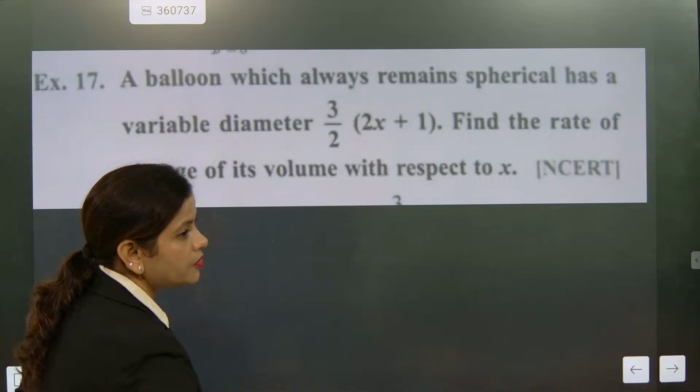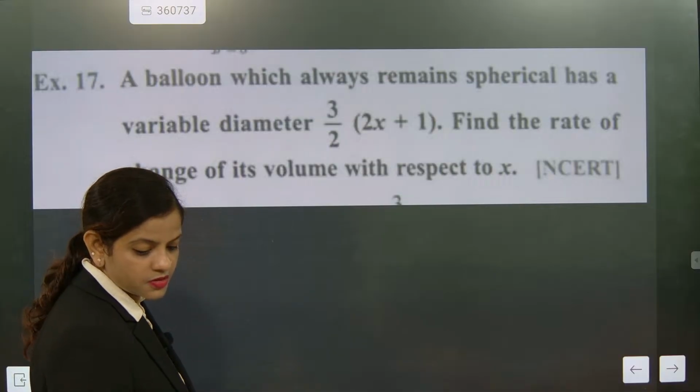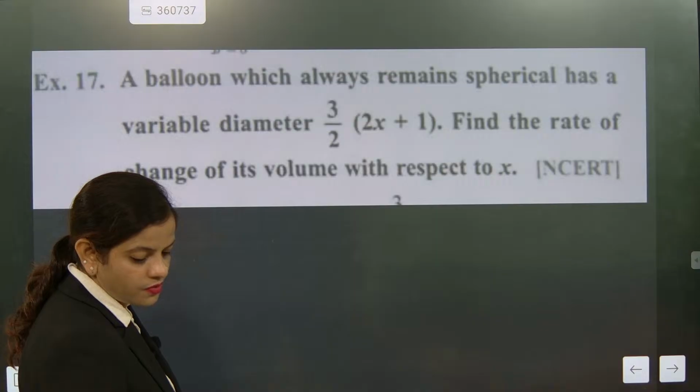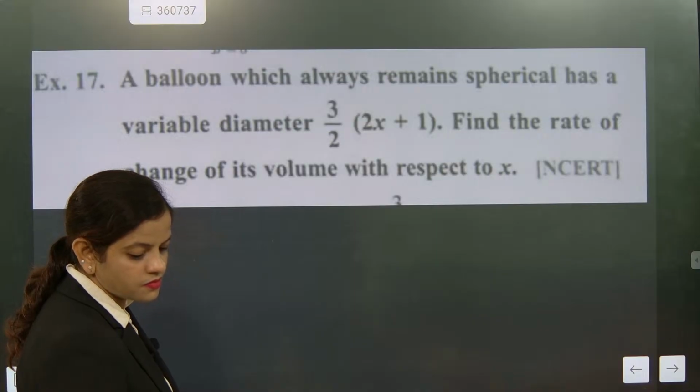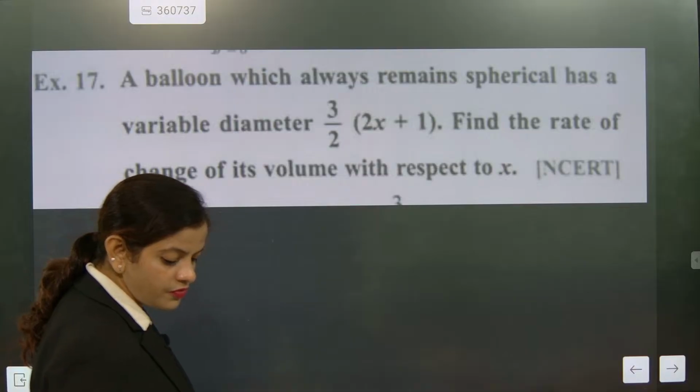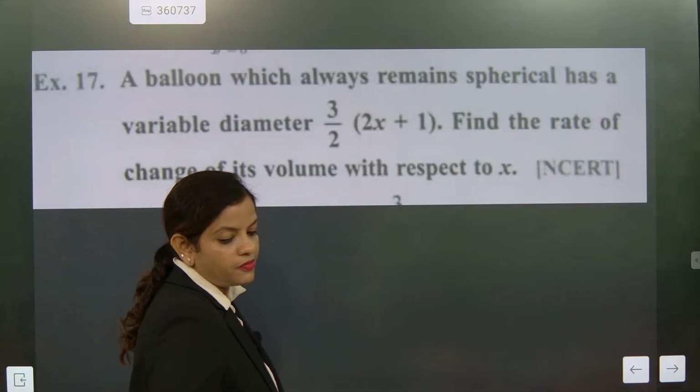Tomorrow you people are coming to write one sample paper for maths. What time? Afternoon. Yes, after 2 or 3 o'clock you are coming for writing one sample paper. Everybody.